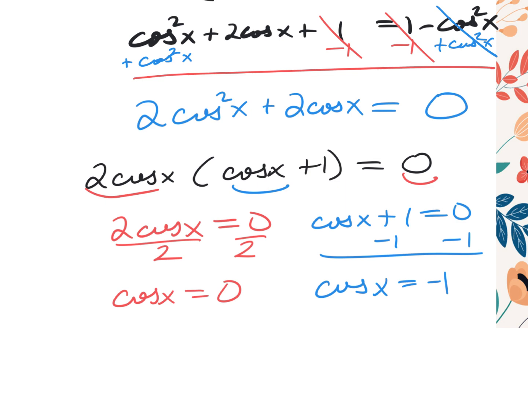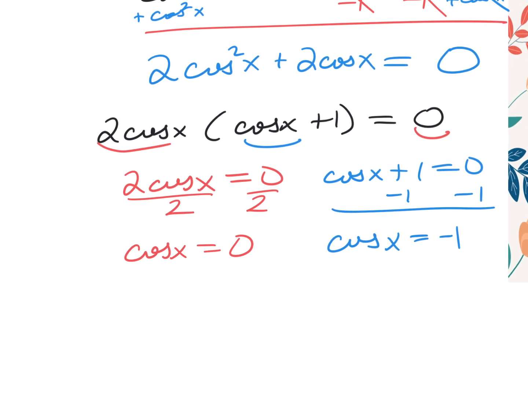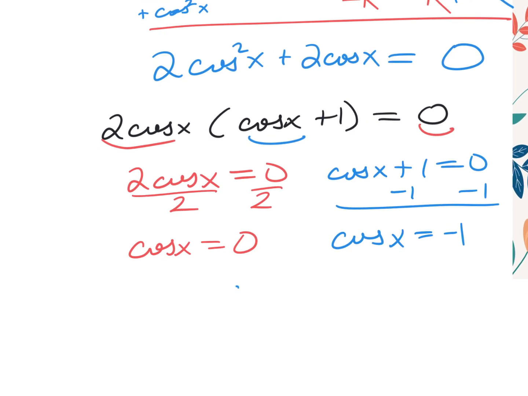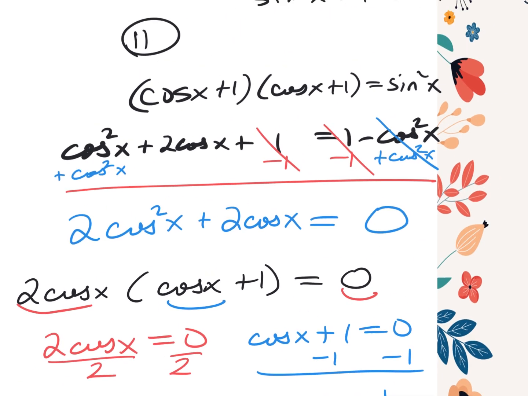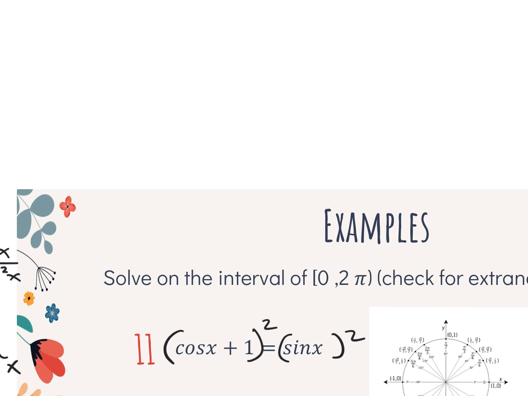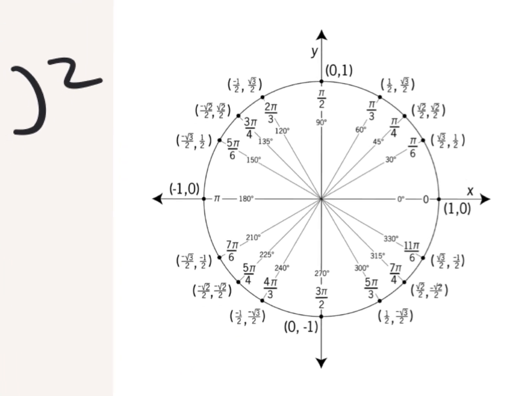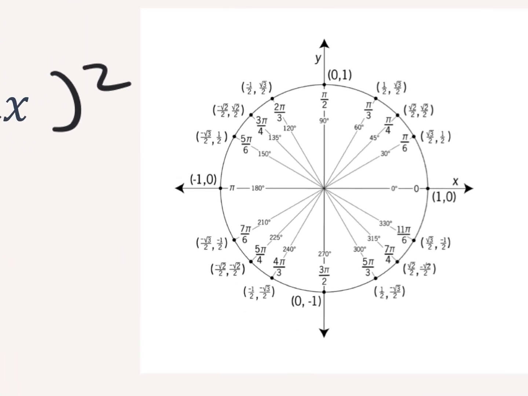Now I'm going to go and look at my unit circle. So remember, for cosine, we look at the x. So for the red one, I'm looking to see where x equals 0. If I go up to my unit circle, I can see that x is going to equal 0 right here and right here.